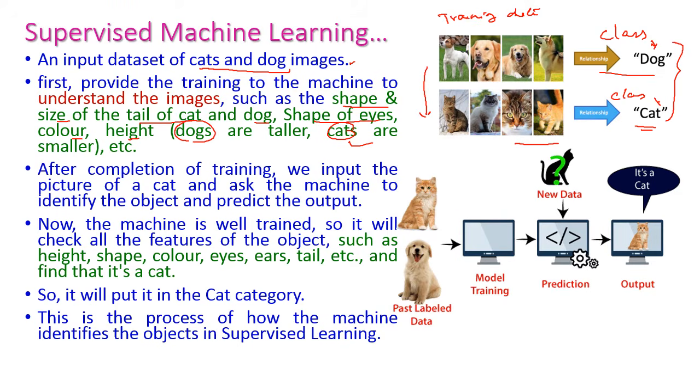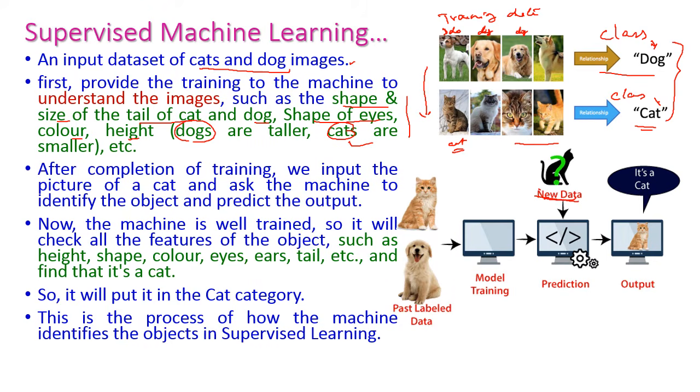So this is called training data. In the training data, for each image we need to give the label. So this is dog, this is dog, this is dog, and this is cat. For all the images we have to give the corresponding label, so that the machine can easily identify and understand based on the shape, size, color and the different attributes of those data. Once the machine learns everything, now we need to test with the image of a cat.